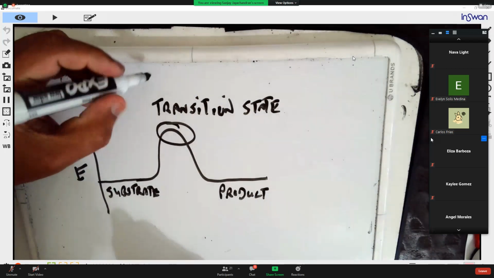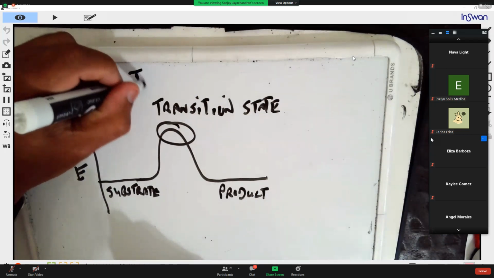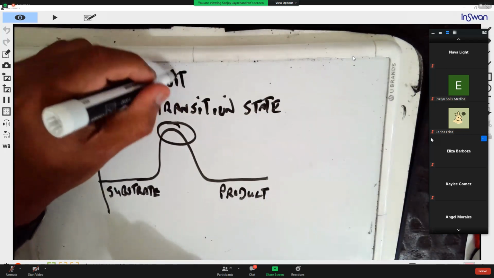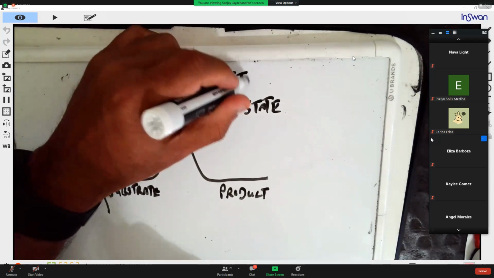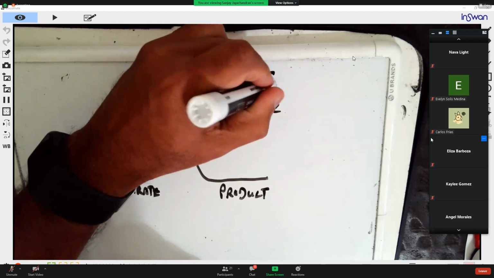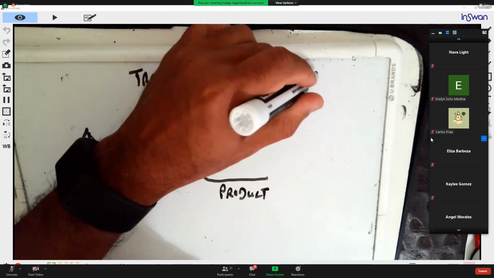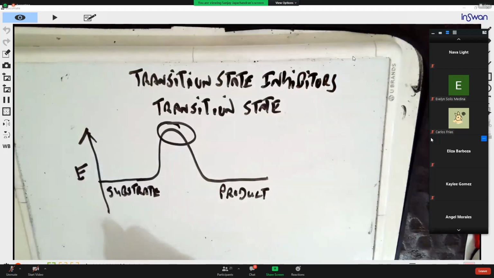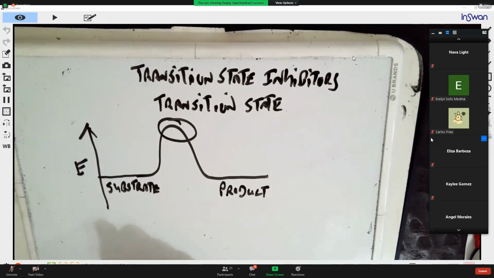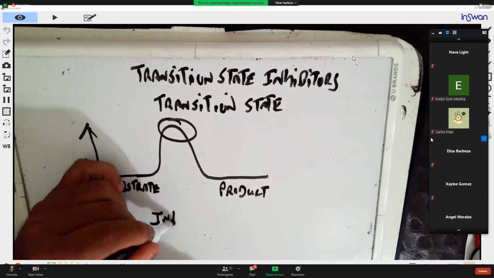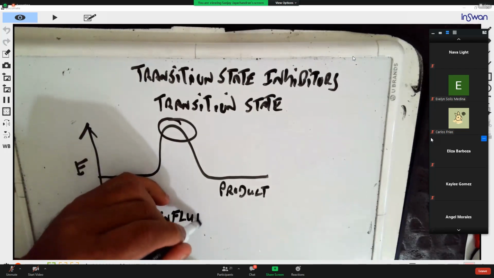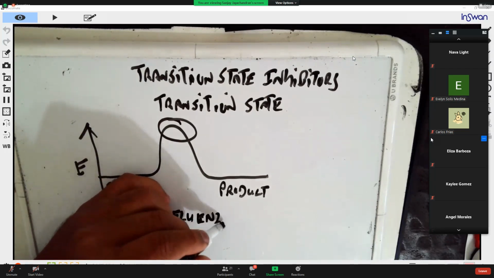Okay, so these are called the transition state inhibitors. Okay, I'm going to give you an example of one. So there's a virus called the influenza virus.